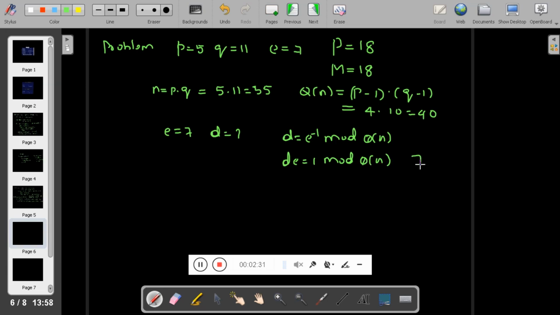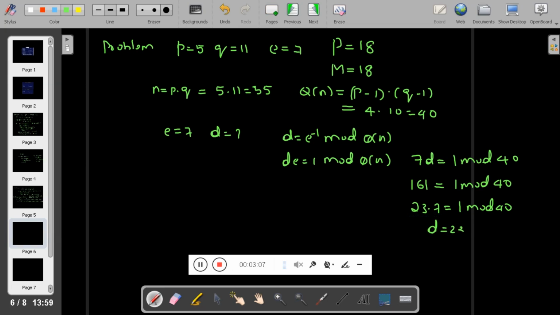In our case it is 7d is equal to 1 mod 40. If I take 7d is equal to 161, then this will satisfy the equation 1 mod 40, that is 23 into 7 is 161, which is 1 mod 40. So we got the value of d is equal to 23.